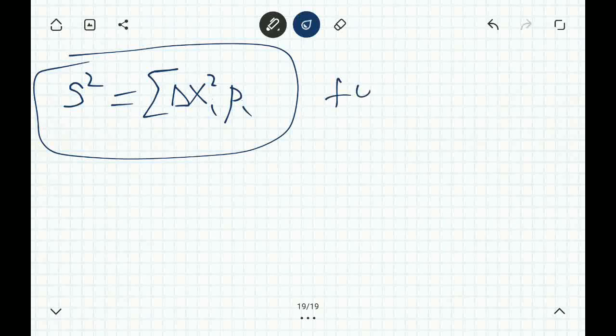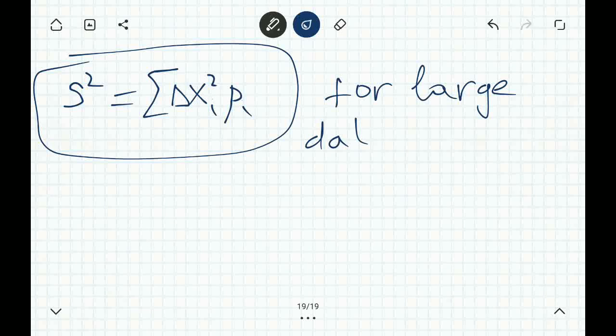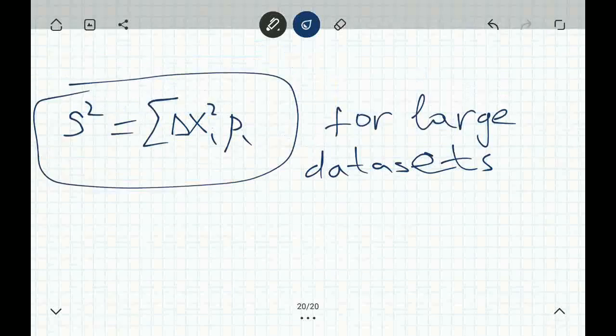So again, that's for large data sets. So if you are working with big data or something like that, this thing will be useful. For smaller ones, it's not so good, but it's still somewhere close. Okay. Oh, and yeah, you can of course substitute probabilities by frequencies. Those two are in fact the only things we need for now.